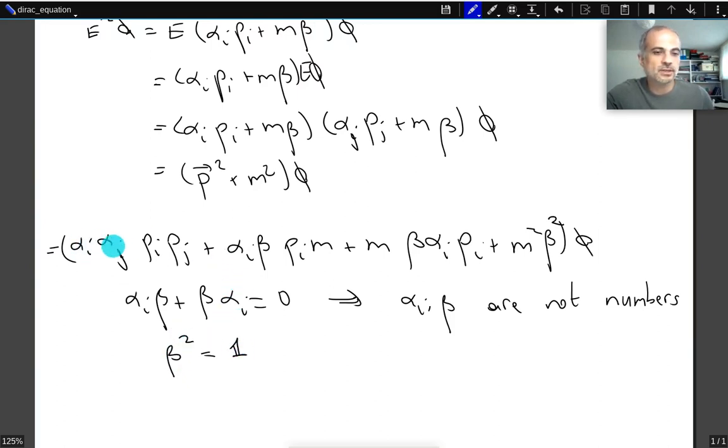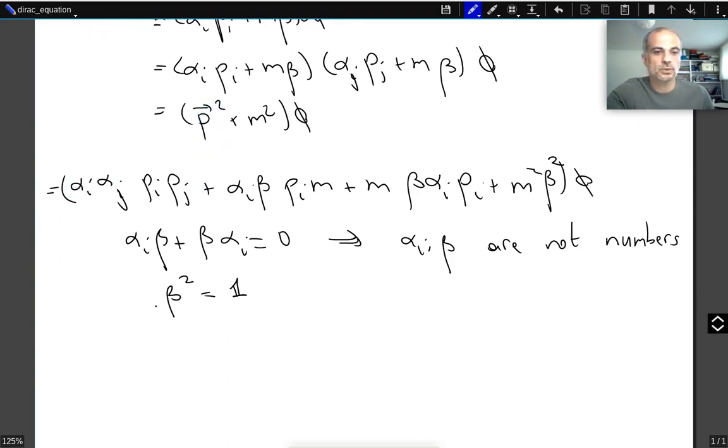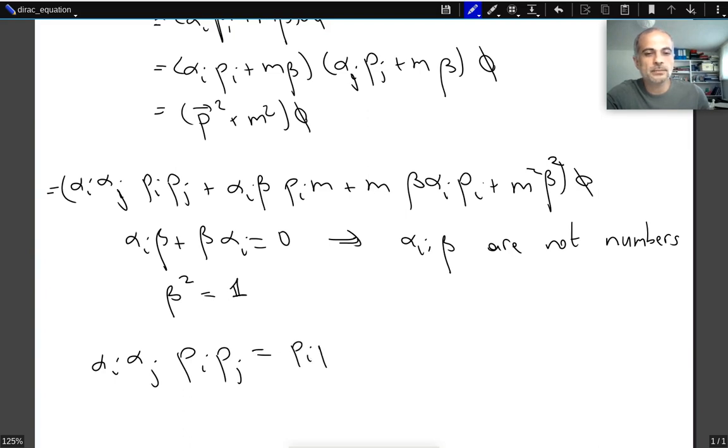Now we are left with this term and this term. This term should somehow be converted into just a p squared. So what we want is alpha I, alpha j, pi, pj to be equal to p squared, which is pi, pi, which can also be written as pi, pj, Kronecker delta ij.